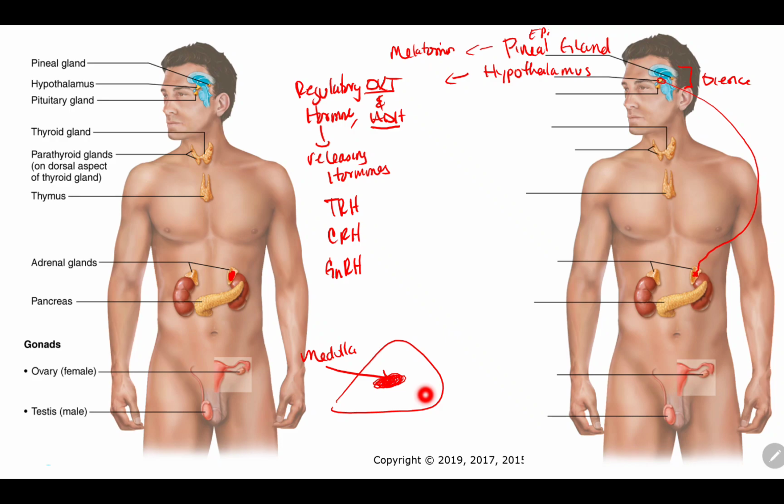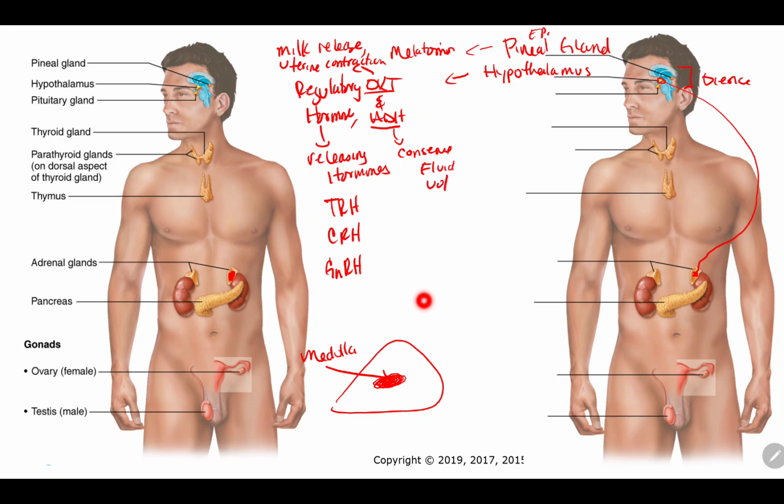So let me talk about the creation of its own hormones such as oxytocin and ADH. Oxytocin is important for milk release as well as uterine contraction. ADH helps to conserve fluid volume.